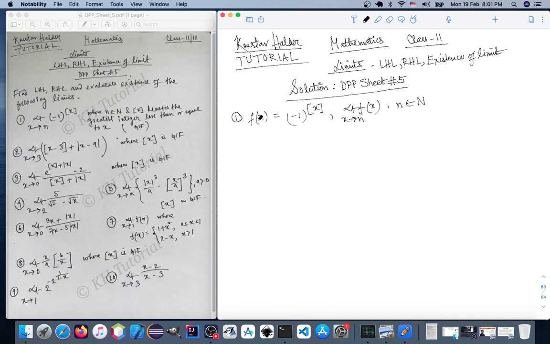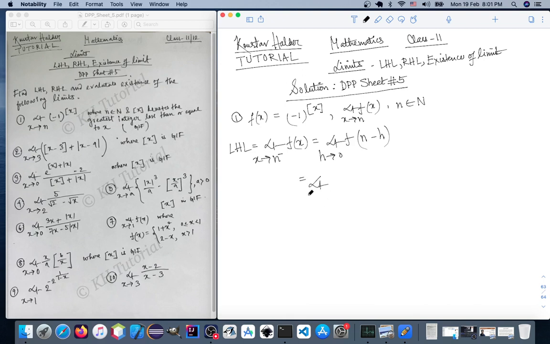So let's find the LHL. LHL, we have limit x tends to n minus of f(x) equals limit h tends to 0 of f(n minus h).